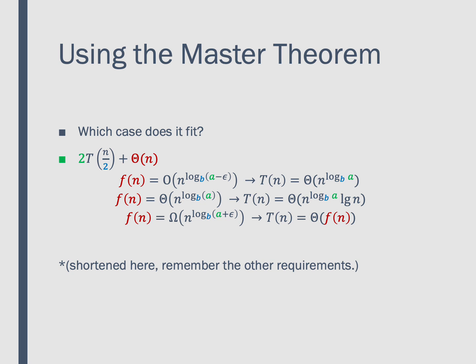In case 1, if the recurrence fit this case, T(n) = Θ(n^(log_b a)) = Θ(n^1). But here f(n) = n, which matches n^1. In the second case, if f(n) grows at the same rate as n^(log_b a), the recurrence fits this case.